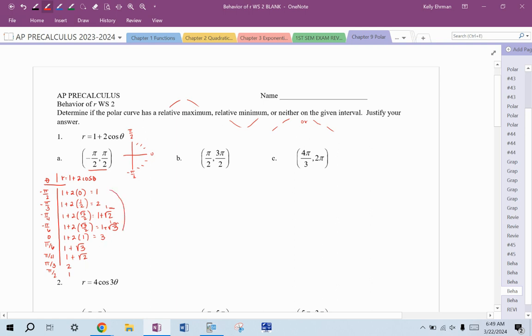So r is increasing on negative pi over 2 to 0. And then from 3 down, it starts going back down: 2 point something, 2 point something, 2, 1. So here, r is decreasing on 0 to pi over 2.